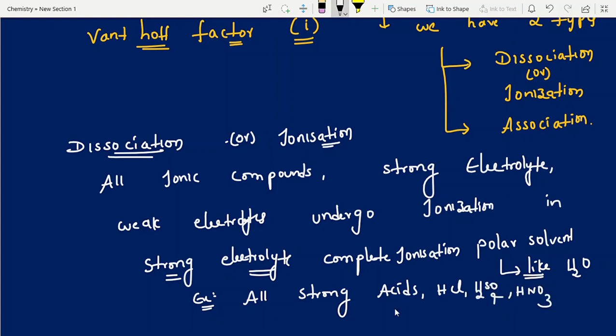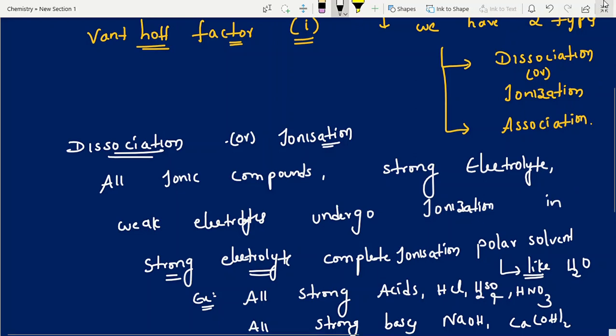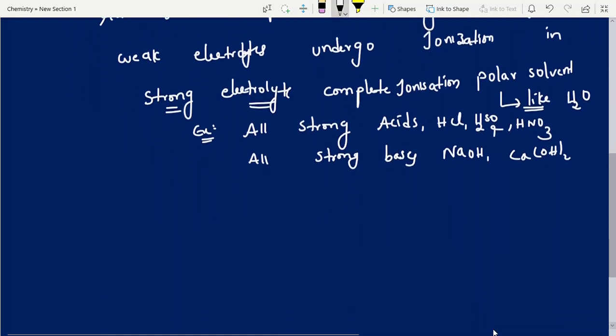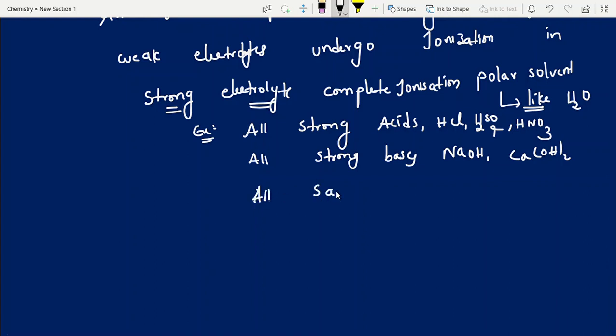Next, all strong bases like NaOH and calcium hydroxide, KOH, first group hydroxides, second group hydroxides, all strong bases, complete ionization. Next, all salts, like NaCl, MgCl2, AlCl3, all salts also complete ionization.